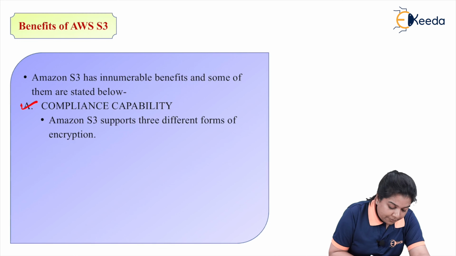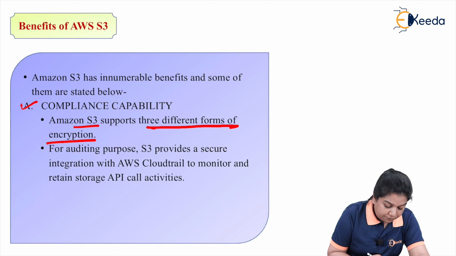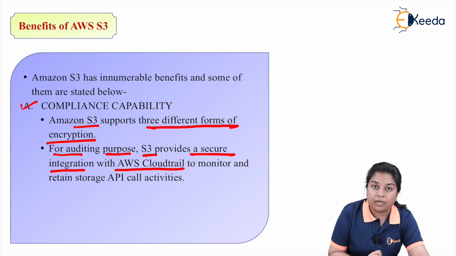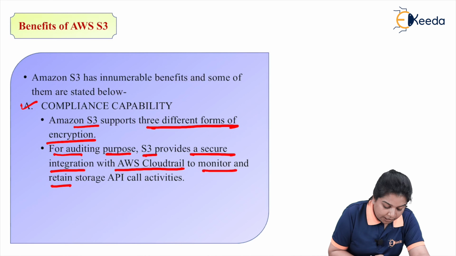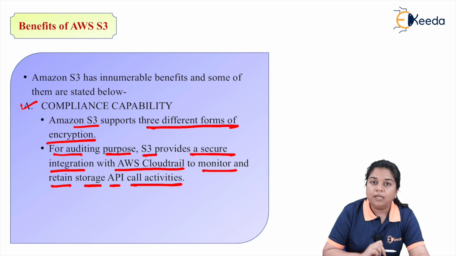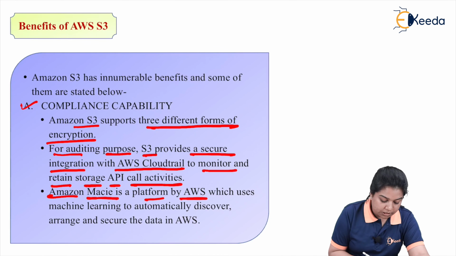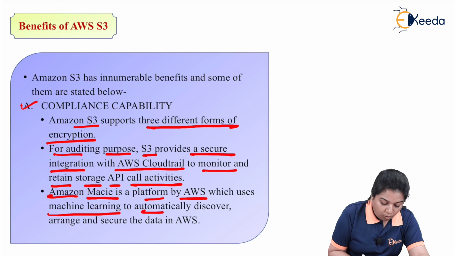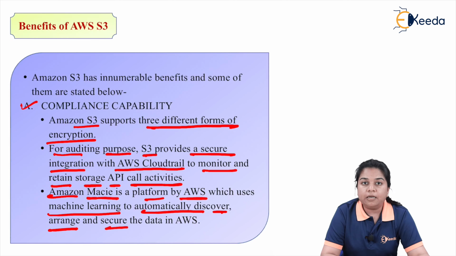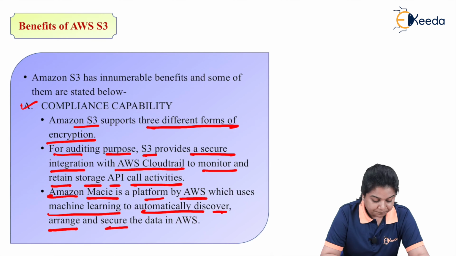First one, Amazon S3 supports three different forms of encryption. For auditing purposes, S3 provides a secure integration with AWS CloudTrail to monitor and retain storage API call activities. Then Amazon Macie is a platform by AWS which uses machine learning to automatically discover, arrange and secure the data in Amazon Web Services.